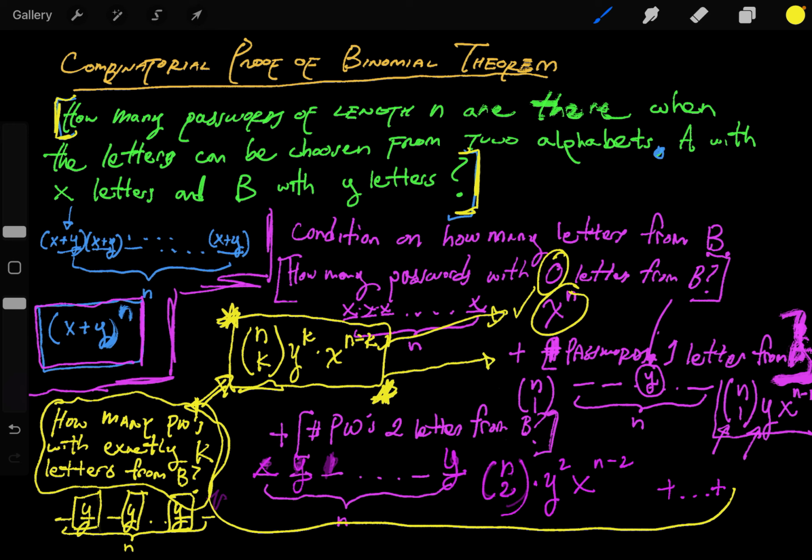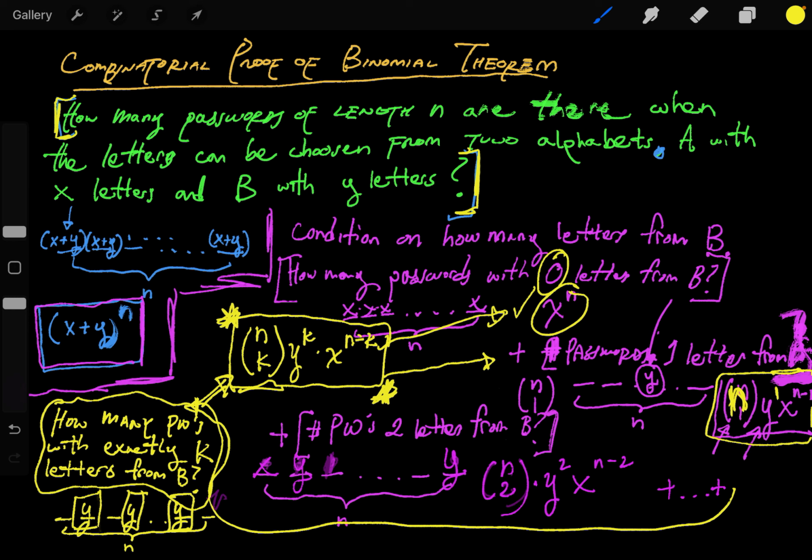For when k is 1, you get n choose 1, which is just n, times y to the 1, times x to the n minus 1. And we go down, and again, there's either 0 letters from B, 1 letter from B, 2 letters from B. So k is going to go from 0 to n.